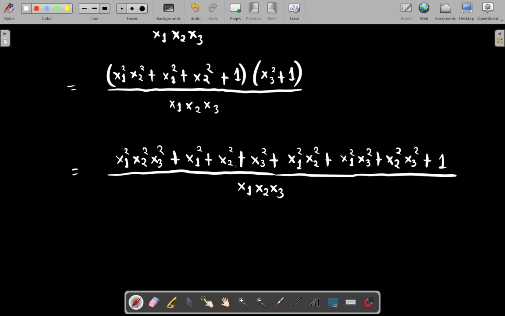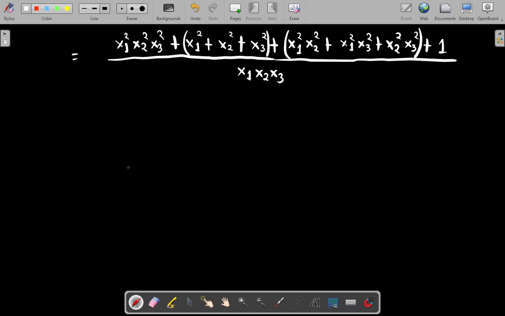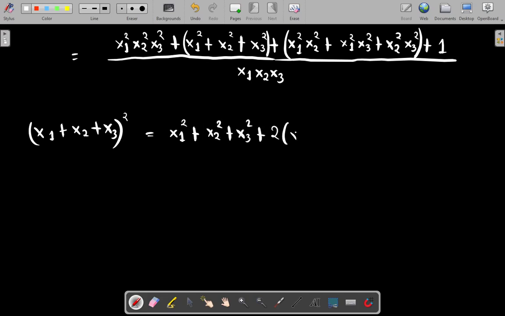Now let us find these sums separately. We have (x1 plus x2 plus x3) whole square. This will be x1 square plus x2 square plus x3 square plus 2 times (x1 x2 plus x2 x3 plus x1 x3).